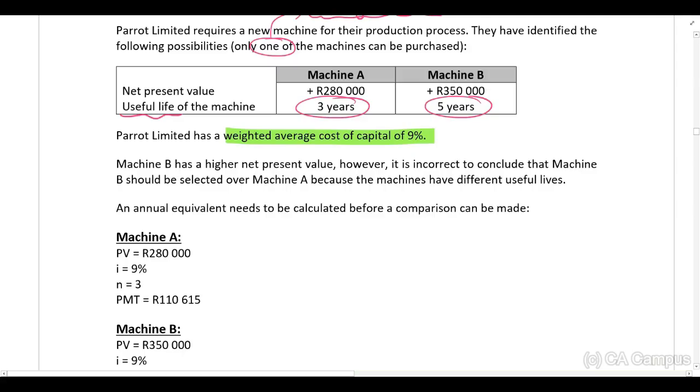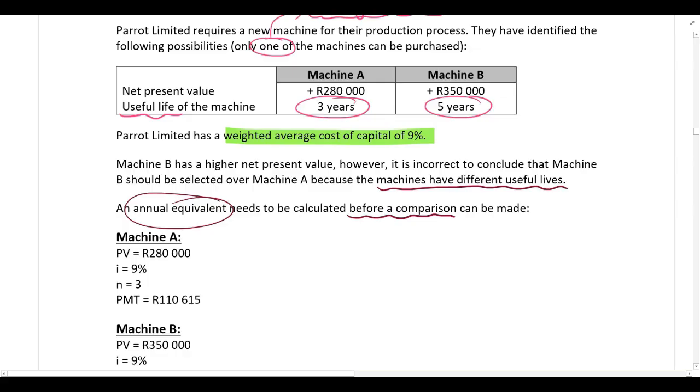And you can see just below, machine B has a higher net present value. However, it is incorrect to conclude that machine B should be selected over machine A because the machines have different useful lives. An annual equivalent, therefore, needs to be calculated before a comparison can be made.